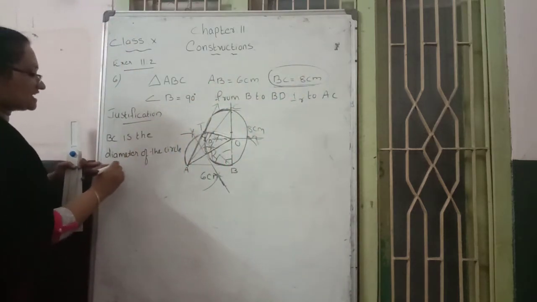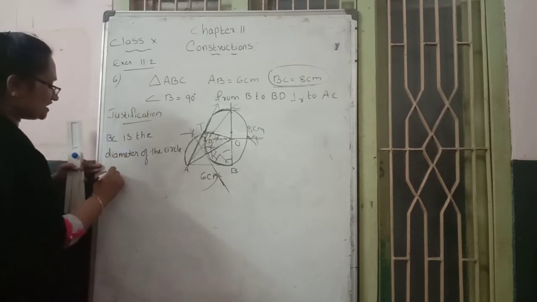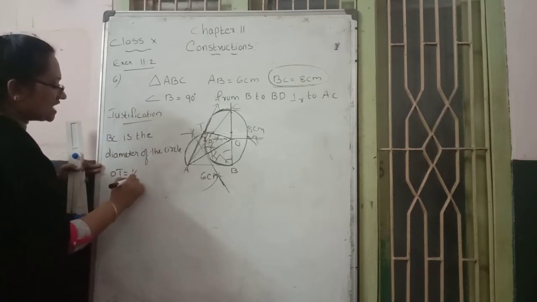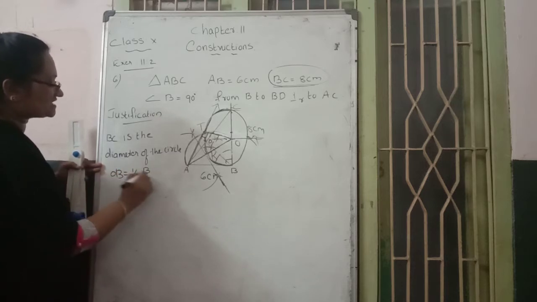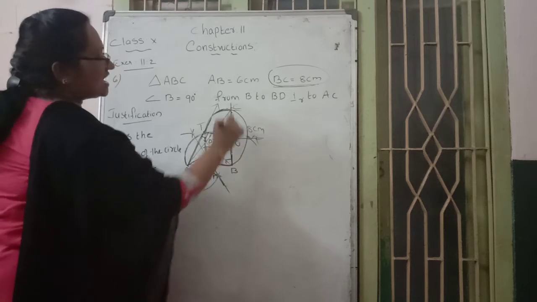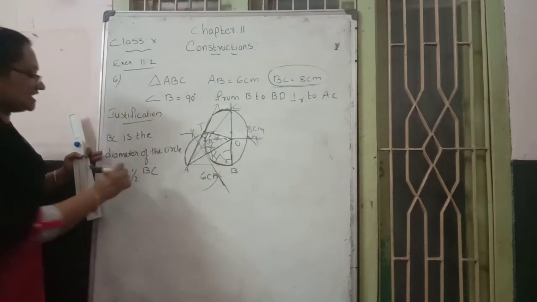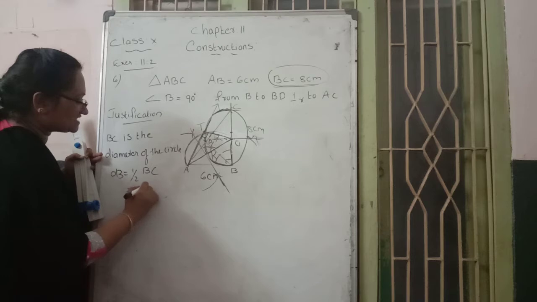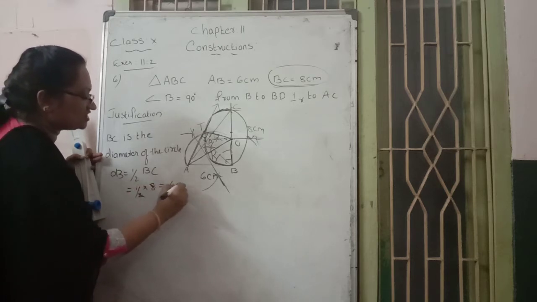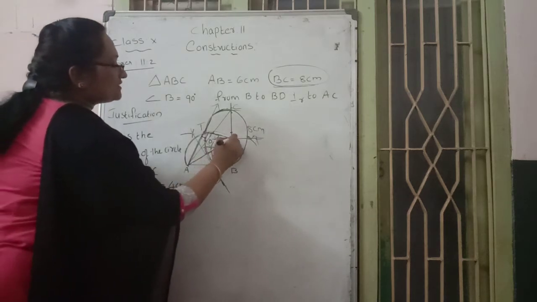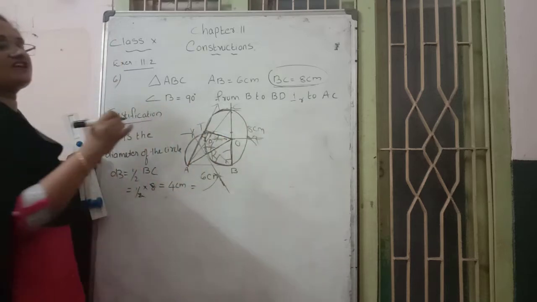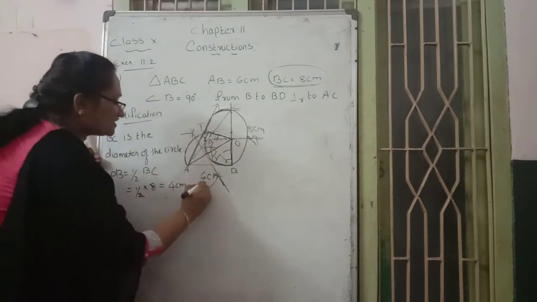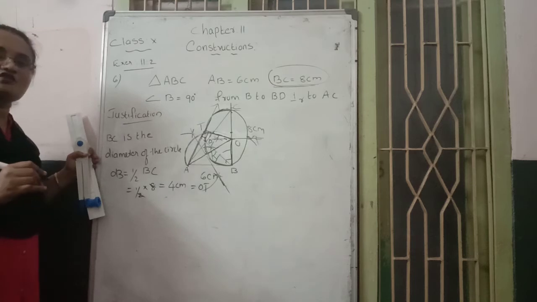That's why we can say OB is half of the BC line. Half of 8 is 4 centimeters. So OB is also a radius of that circle, and OT is also a radius of the first circle. Therefore, the OT value is also 4 centimeters.